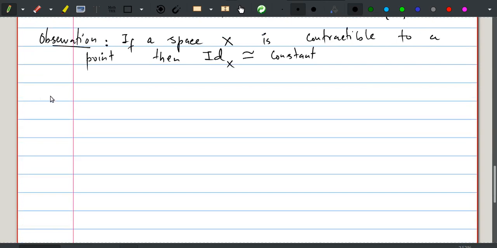Another definition is called the retract.